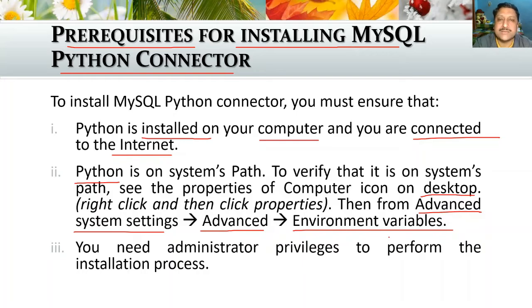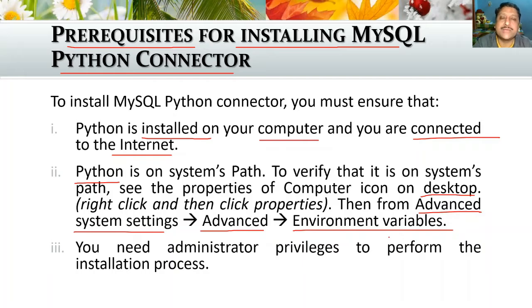If there is no path information in the environment variables, then to add this path to the system path, you have to reinstall the Python software. First remove the Python software, then reinstall it.